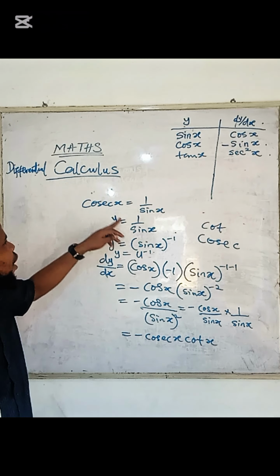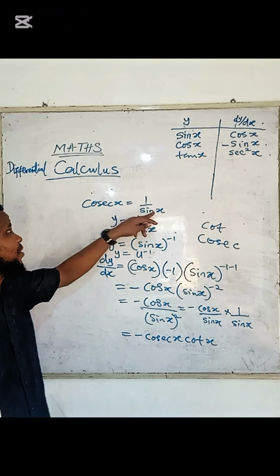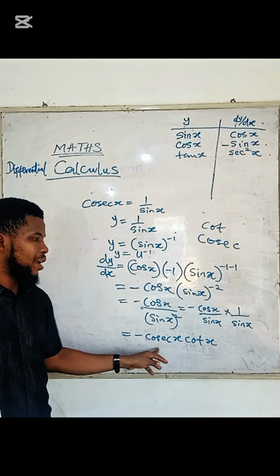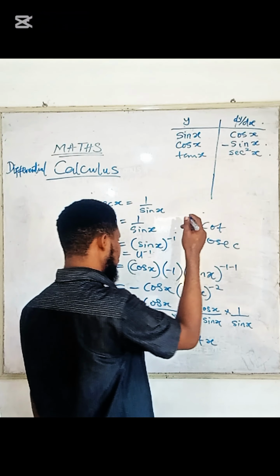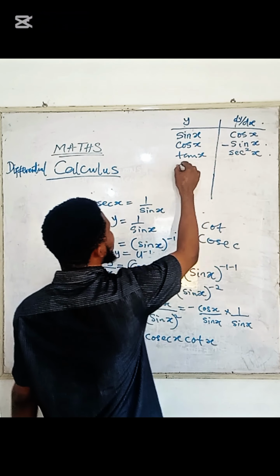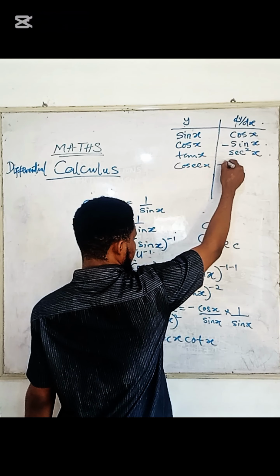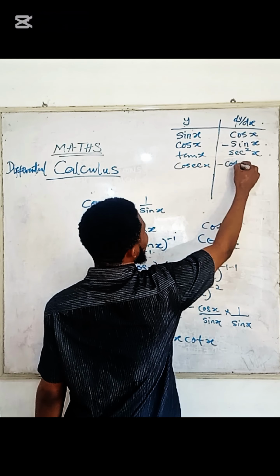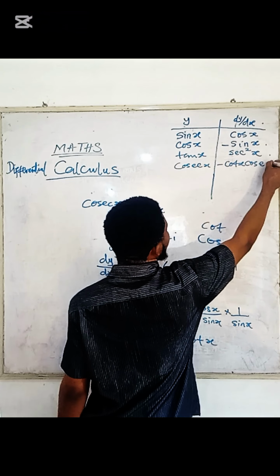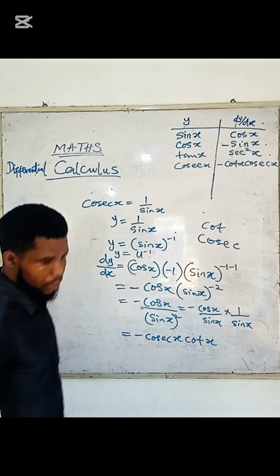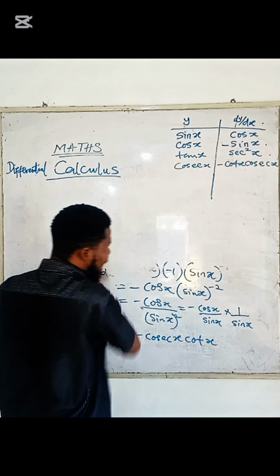So whenever you differentiate inverse of sine, which is cosec s, you get minus cosec s cot s. So let's put that here. So cosec s will give me minus, if I put cot first, cot s cosec s. You can put any of them first. Okay? Now you can see all these things.